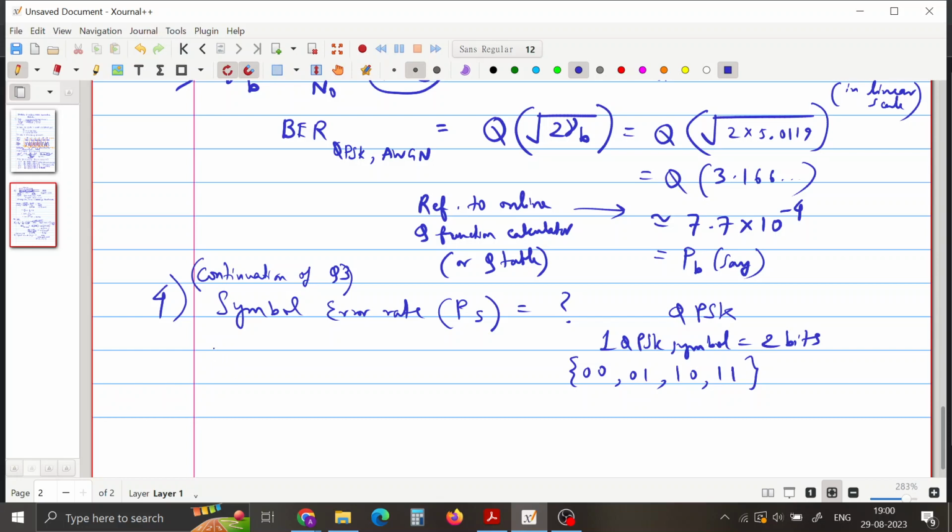So your PS means at least one bit is incorrectly received at the receiver. In other words, it is the complement, which is 1 minus the probability that both bits are correct, right?